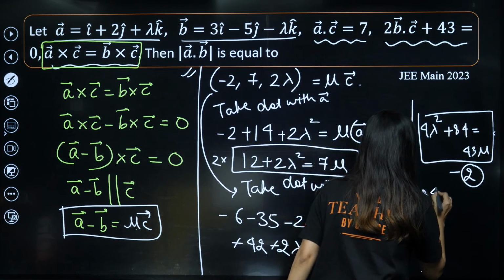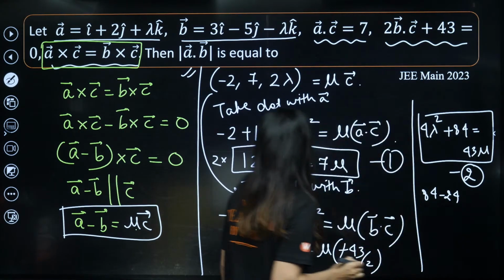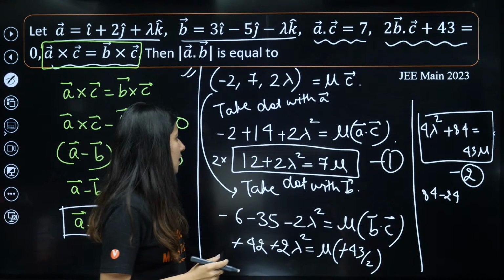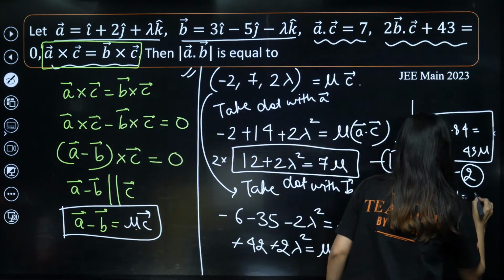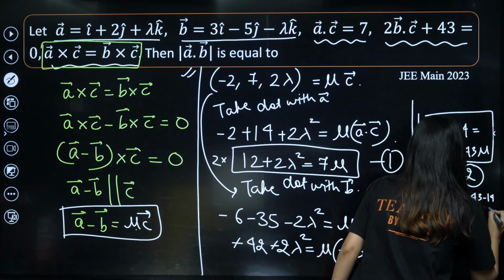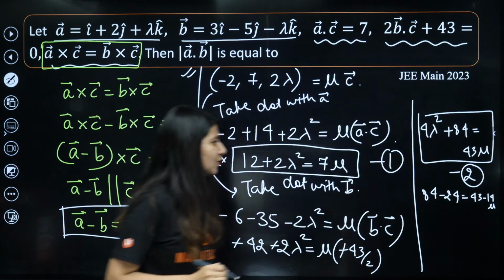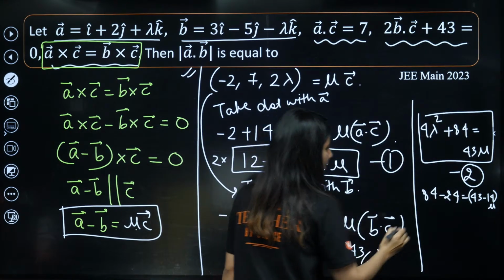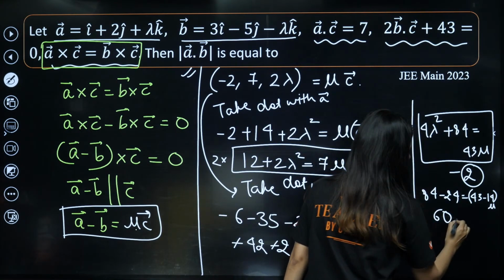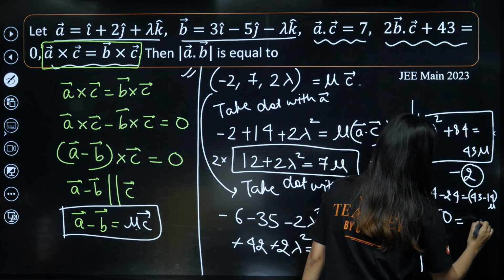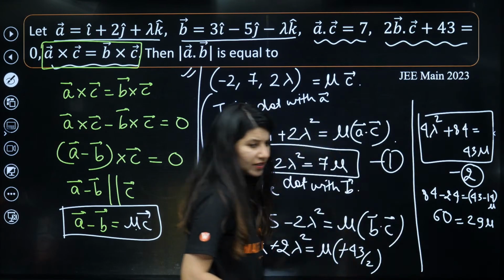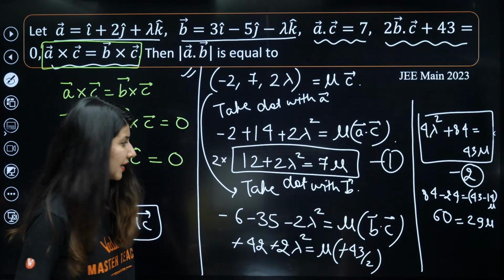So 84 minus 24 will be equal to what? 43 minus 14 mu. So this will be 60 is equal to 13 minus 4 is 9, 29 mu. Am I doing correct? Minus 41?